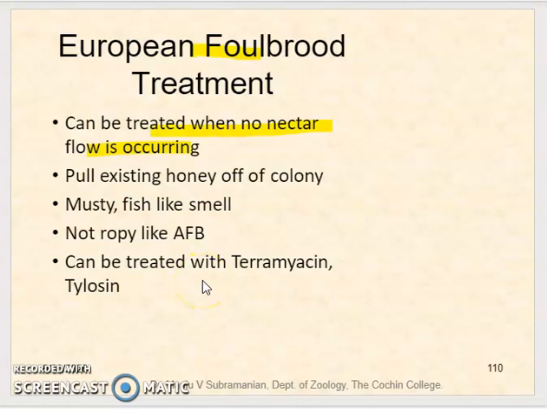This can also be treated with Tylosin, a chemical that can be used for the treatment of this disease. That's all about foulbrood diseases, and the maintenance of the colonies is very essential. In this regard, proper care has to be given.